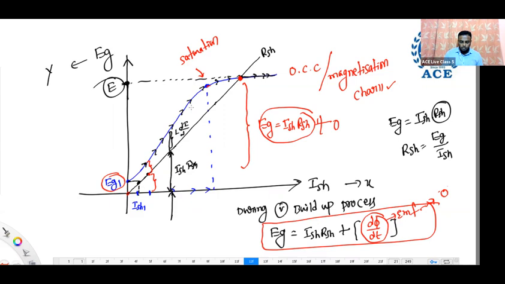And finally, L di by dt becomes 0 because of saturation; there is no change in the flux. Second condition. Yes, the residual flux is due to the property of the material.